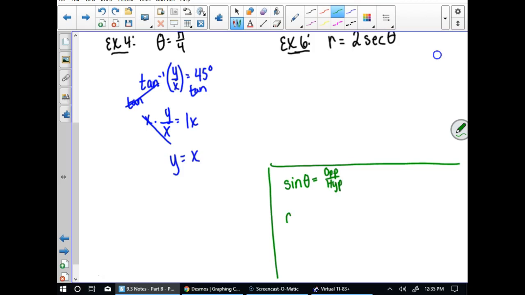We know that cosine of theta is the adjacent over the hypotenuse. And we know that tangent of theta is opposite over adjacent.